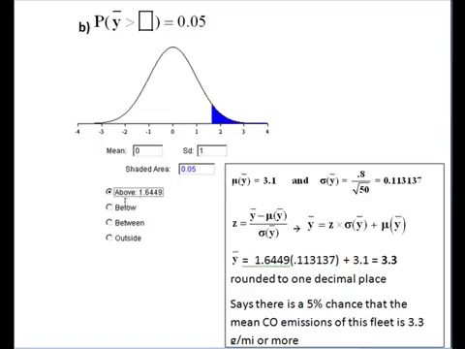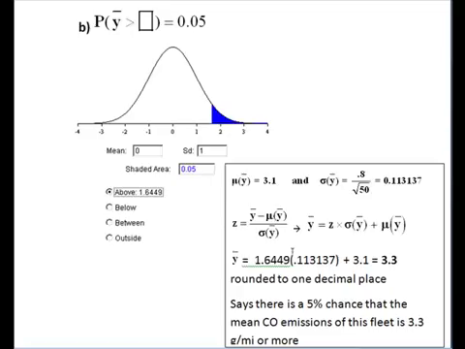So we're going to ask our standard normal calculator to find the z-score above which there's only an area of 5%. The calculator reports that that z-score is 1.6449. So we're going to take our formula for our z-score and solve it for Y bar. Y bar becomes z times the standard deviation plus the mean.